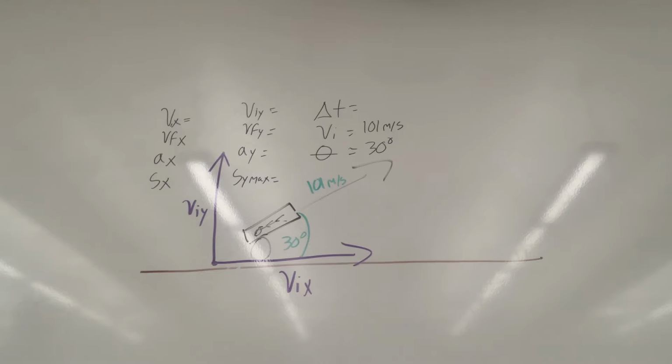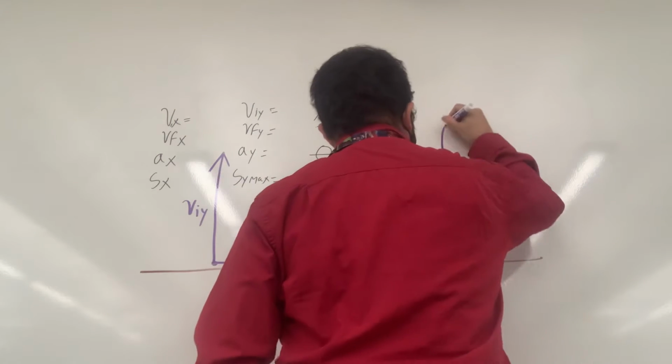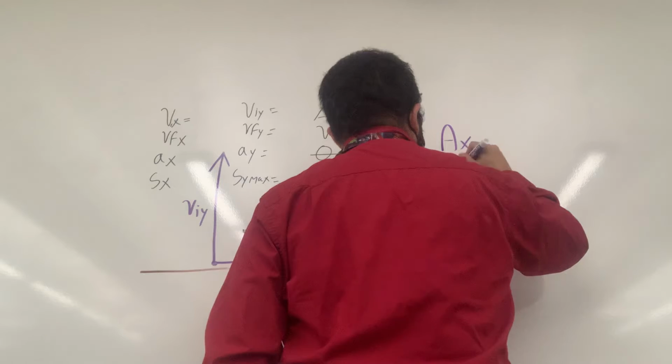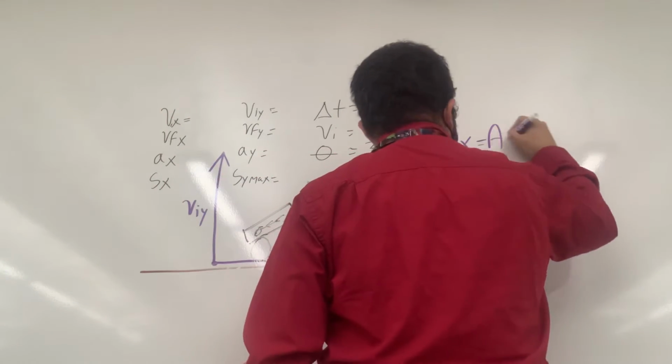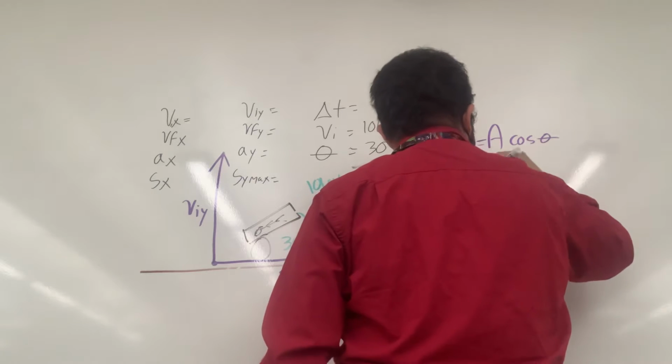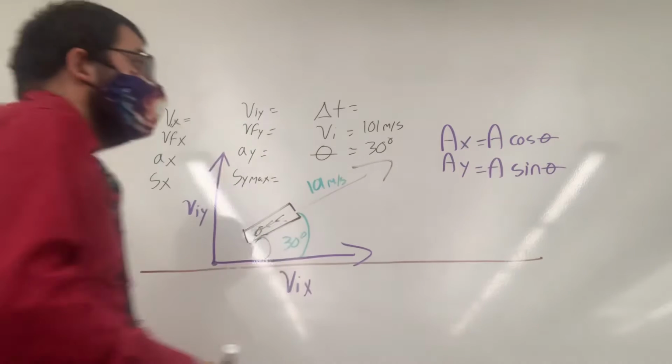Okay? And we said we did those two things using the AX and the AY formula. Yes? Yep. AX equals A cosine of theta. AY equals A sine of theta.